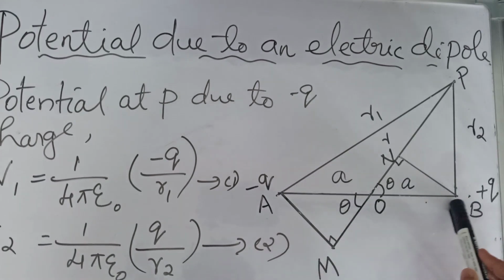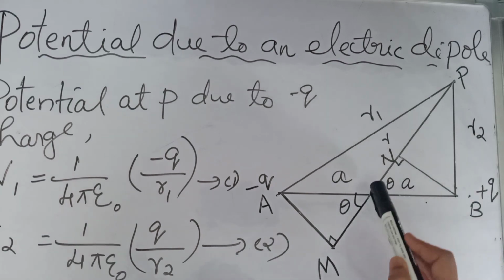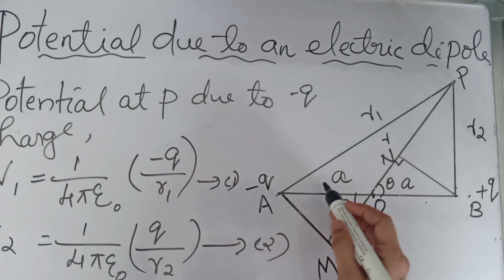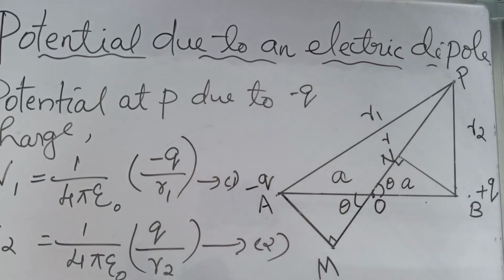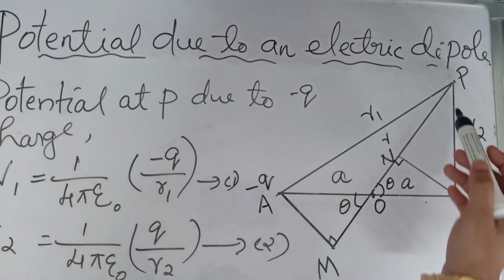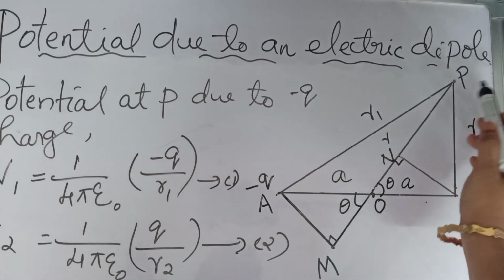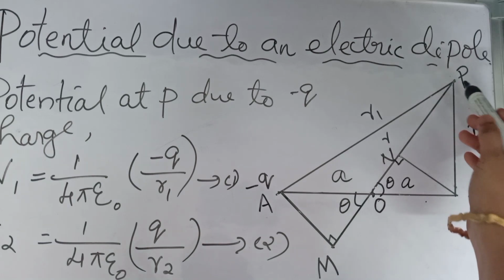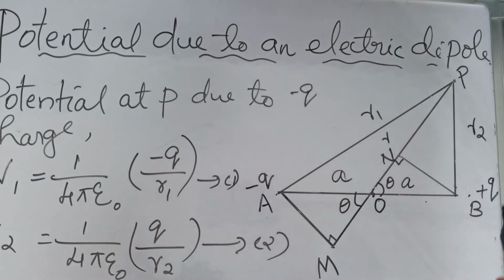They are separated by a distance 2a. So this is the center. O is the center of the dipole, and here we can see OA is a and OB is also a. And here we are considering a point P at an arbitrary position. We have to find the electric potential due to this electric dipole at P.